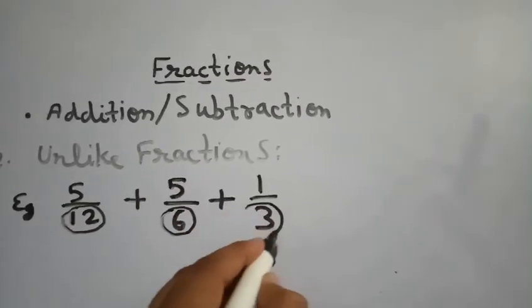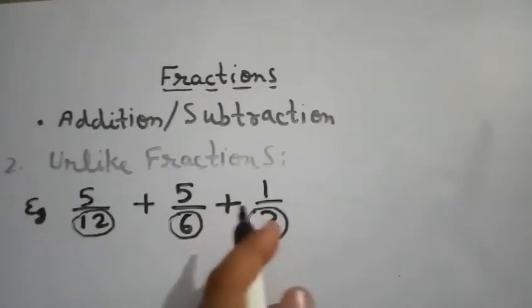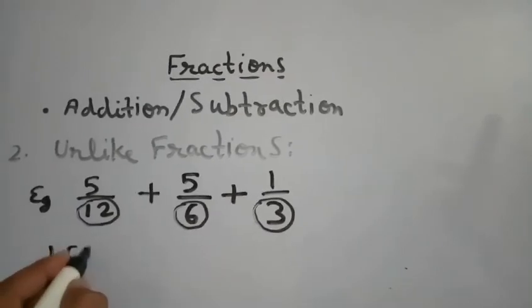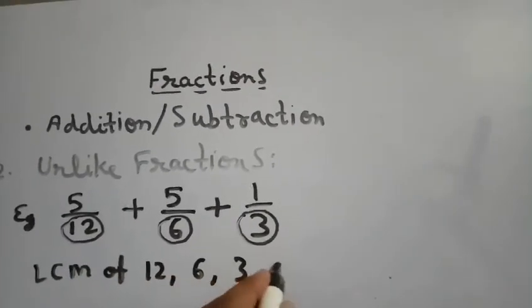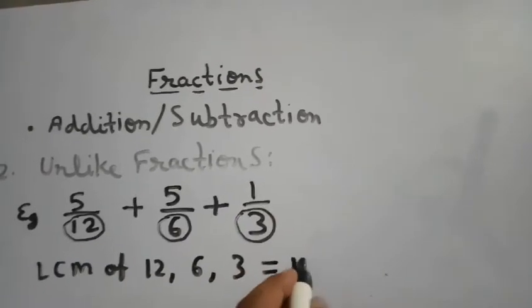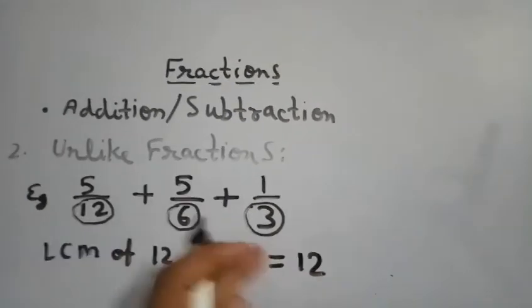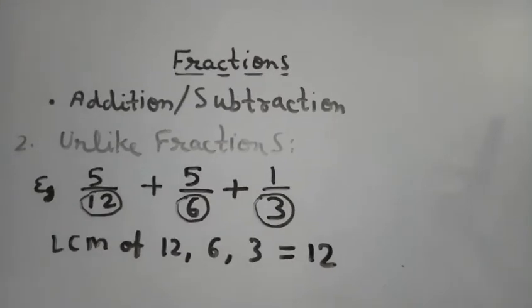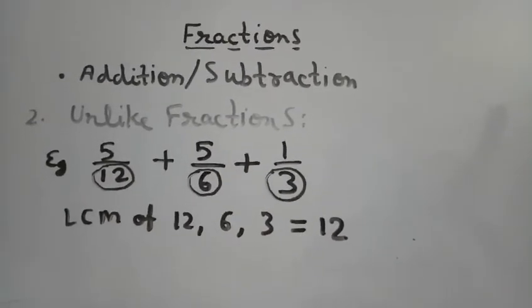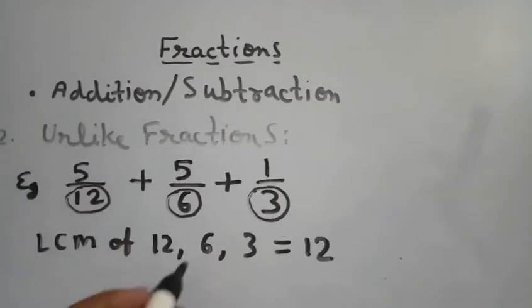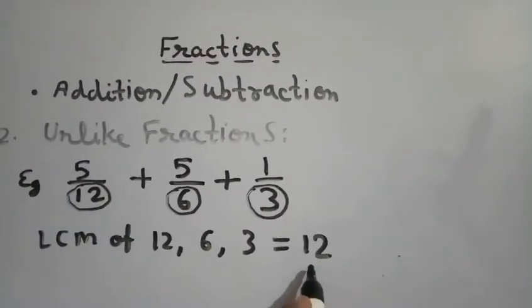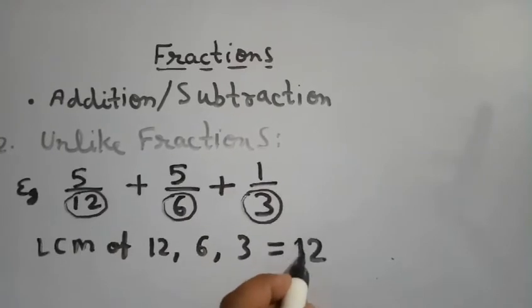There are different denominators, so these are called unlike fractions. Then the LCM of all denominators 12, 6 and 3 will be 12. You have to find the LCM. Now convert all these denominators into the number 12.